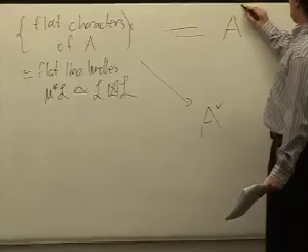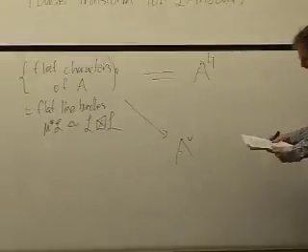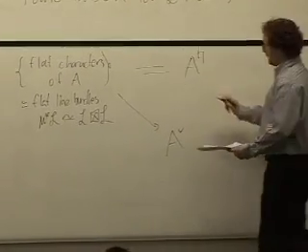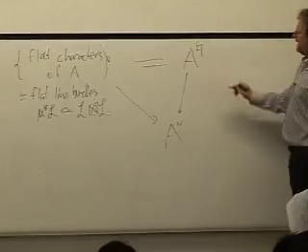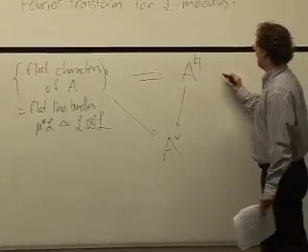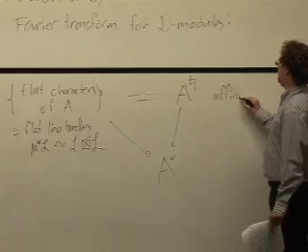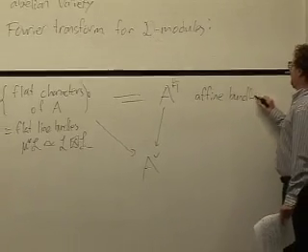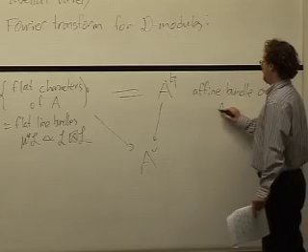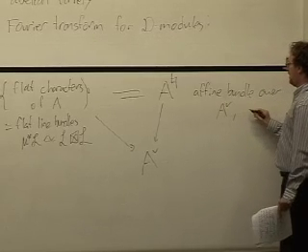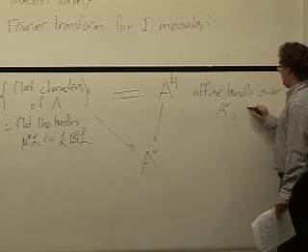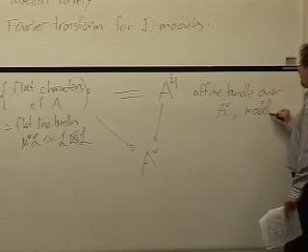So we'll give this guy a name, A natural. And so what is A natural? It's an affine bundle over A check, modeled on, let's say, modeled. So it's an affine bundle. It's not a vector bundle.